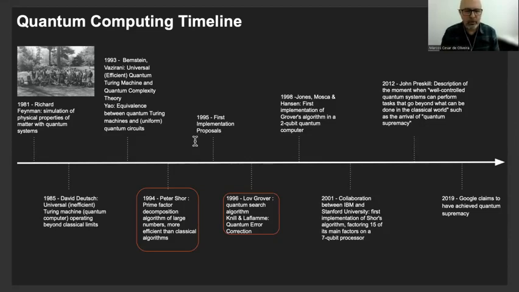But of course, everybody knows the most important algorithms that were developed during the 90s: Peter Shor's prime factor decomposition algorithm, and also the Grover search algorithm, which is related somehow to what you just saw with Omar in terms of quantum walks. But we have to mention one thing which is quite important from the beginning of the 2000s, which was the involvement of big companies putting money into this kind of technology.